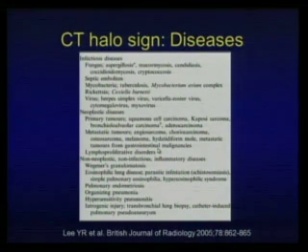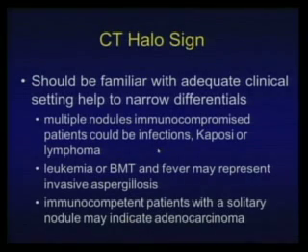So you can see it right now in many other diseases: many infectious processes, neoplastic diseases, and non-neoplastic diseases like Wegener granulomatosis, organizing pneumonia, or even hypersensitivity pneumonitis. For that reason, because there are many alternatives, we have to know the clinical history of the patient to narrow the differential.